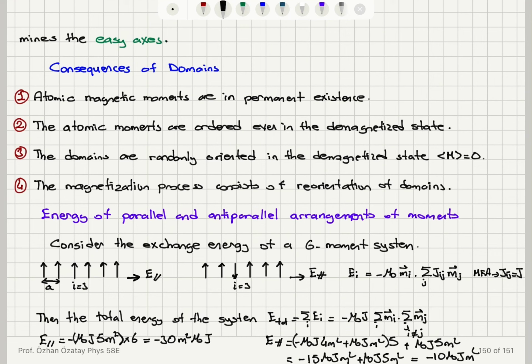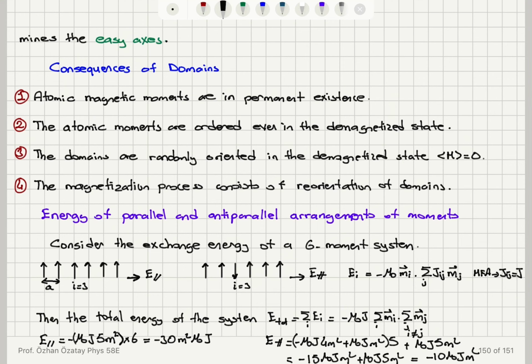So if I write the energy of the first moment in the parallel scenario, it's going to be minus mu 0 J m squared, interaction with the second moment, third, fourth, fifth, and sixth moment. So it's 5 times minus mu 0 J m squared. And I do this for the first moment, second moment, third moment. So there are 6 moments that will give me the same contribution. So minus 30 m squared mu 0 J.